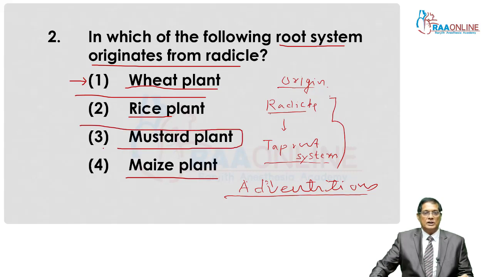Mustard is a dicot and taproot system is common in dicots, whereas the adventitious, fibrous root system is seen in monocots. Wheat, rice and maize are monocots, and in them roots do not originate from the radicle.